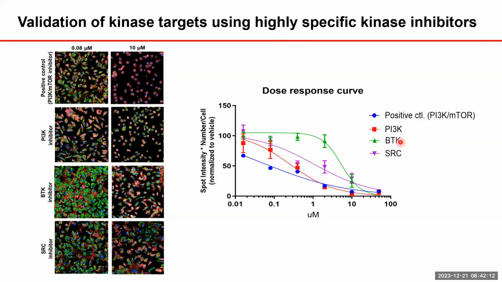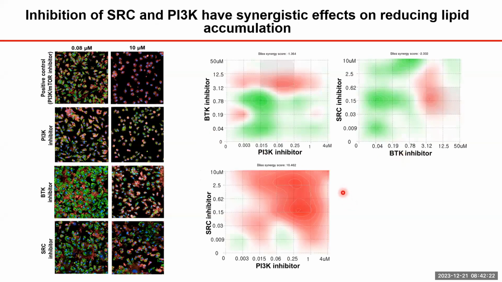Then what Seth was interested in looking at was whether there were synergistic effects between these kinases. So he did a synergy assay where, pretend that this is a 96-well plate, and these are concentrations that are increasing for one inhibitor going to the right, and increasing for another inhibitor going to the top.